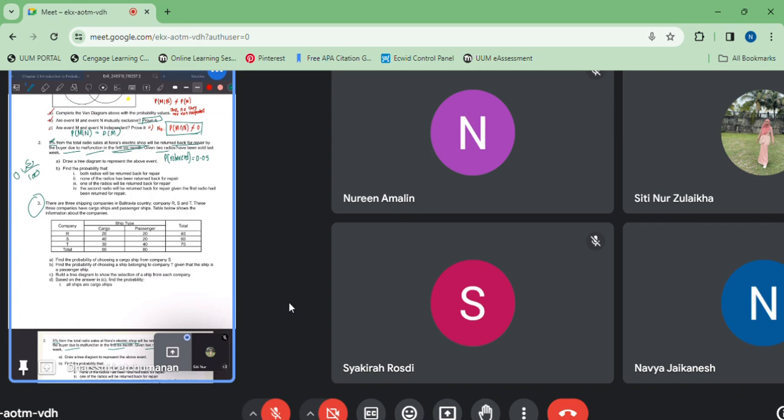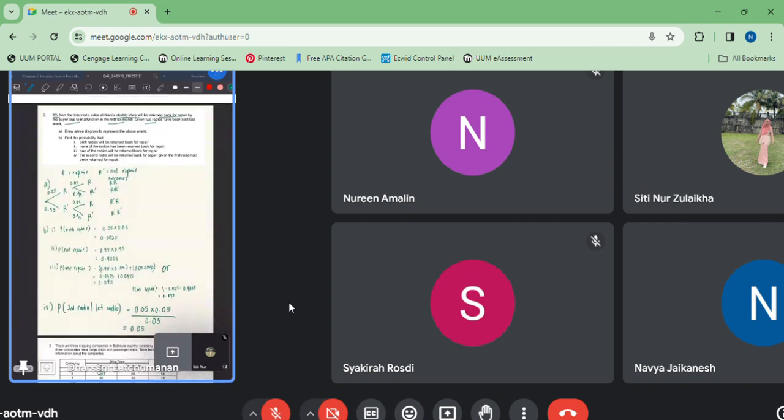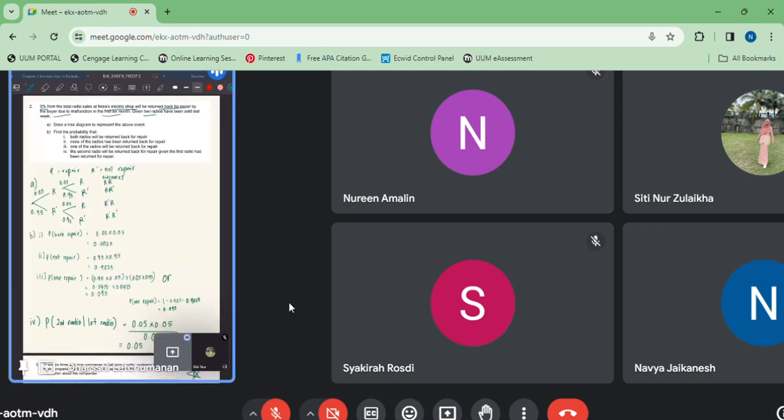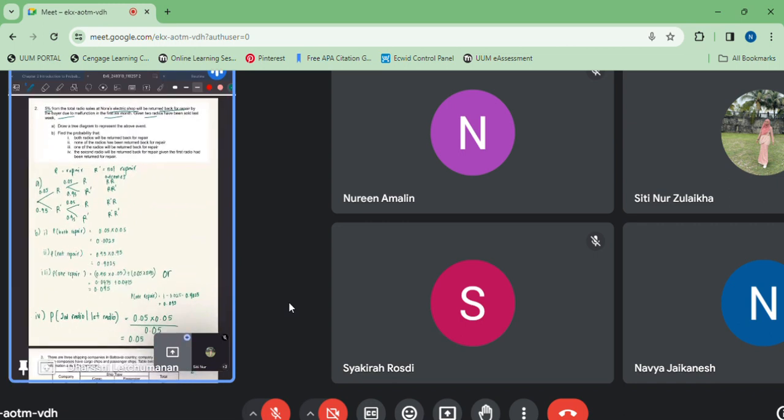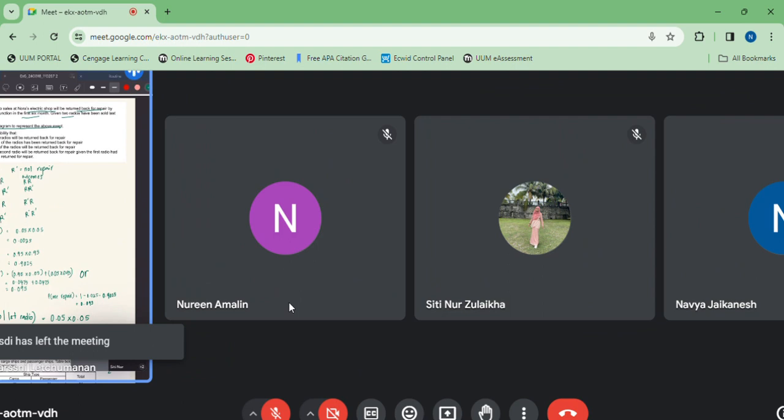They said, given 2 radios have been sold, that means we have two stages for the tree diagram. Can you visualize it? It will be like this, and then like this. Usually I just put R, and then R prime as not repaired. They say draw a tree diagram.